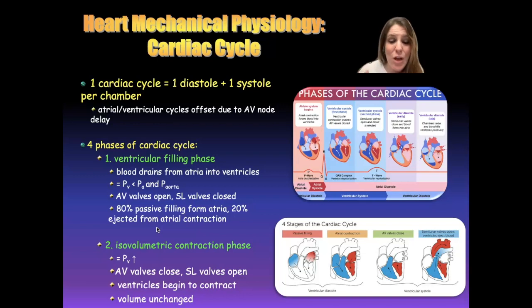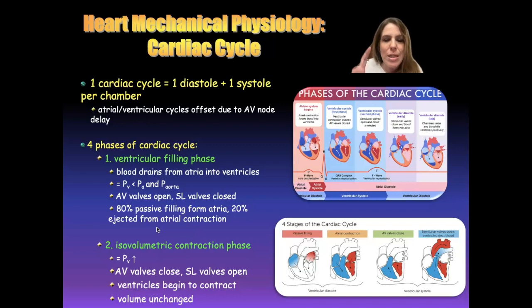We've increased the volume in the ventricles, put pressure on the walls, and put pressure against those semilunar valves. When that pressure is greater in the ventricles than in those great vessels, we're going to push those semilunar valves open, and that starts those ventricles to contract. They're going to start contracting because there's so much blood in there, so much pressure. It's like a volcano. It wants to erupt. It's going to try to contract and get rid of that blood.